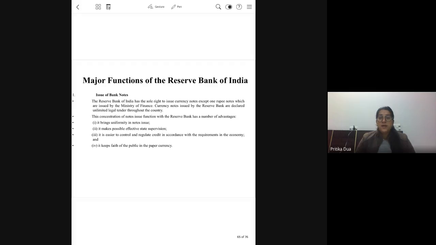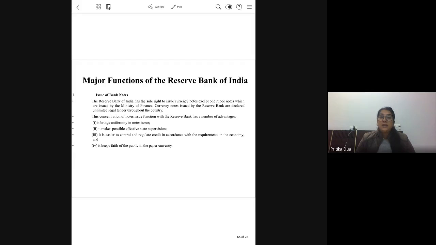Any idea who is minting coins? Is RBI minting coins also? Yes, very good, Piyush. It is the government of India which is directly responsible for minting of coins. So currency notes are printed and coins are minted. Since the minting of coins comes under a separate act, which is the Coinage Act, the coins are the responsibility of Government of India.